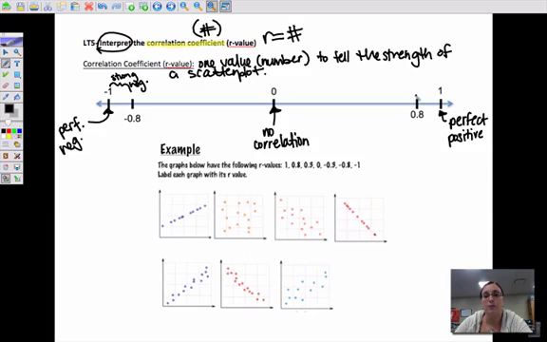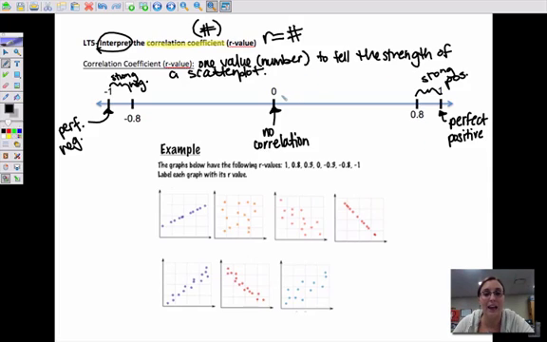And then on the flip side, a 0.8 up to a +1 is a strong positive correlation. So those are the numbers we're looking for if we want to make a prediction, like I was talking about in the last learning target. We want it to be strong. So it has to have an R value of 0.8 up to a 1.